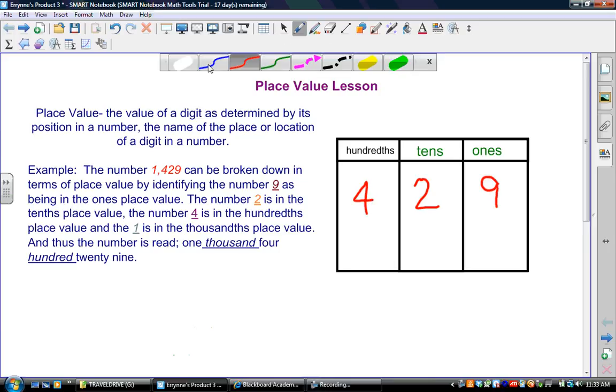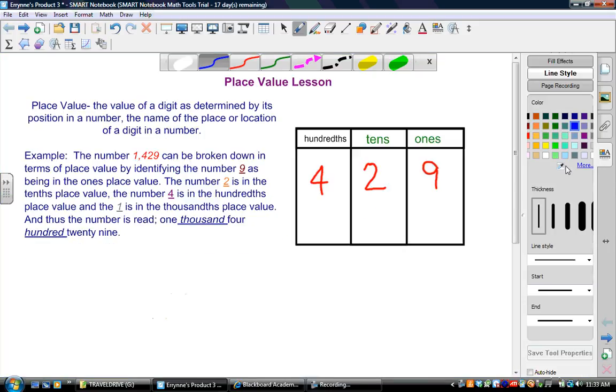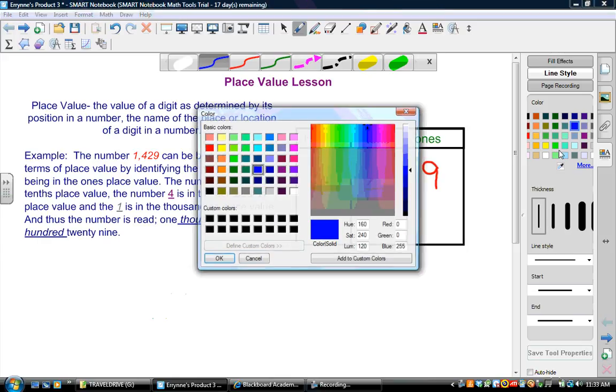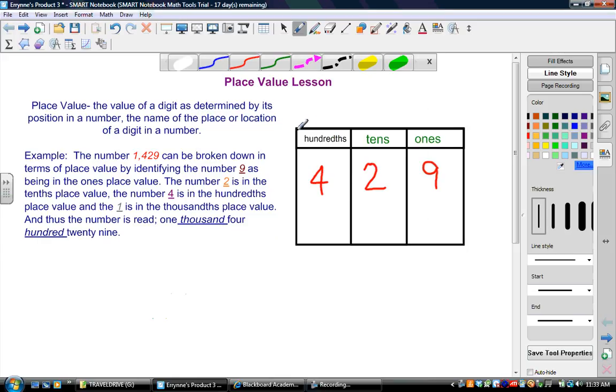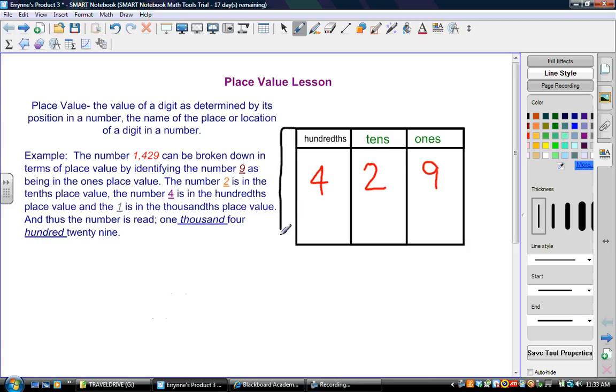And I'm going to add here briefly. Let me see. I'm going to add with my black another column. It's going to be real small just for the sake of understanding. I'm going to put a T here for thousands.